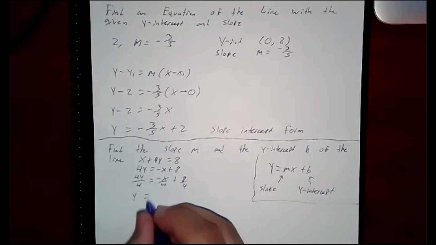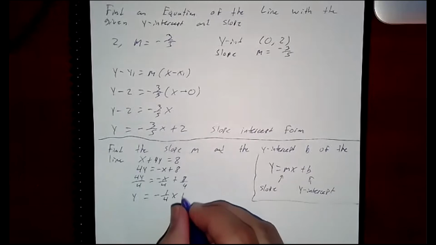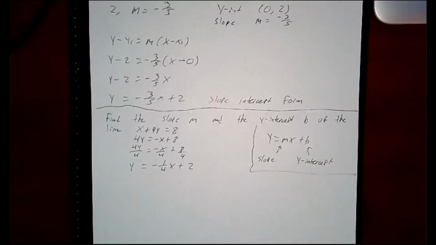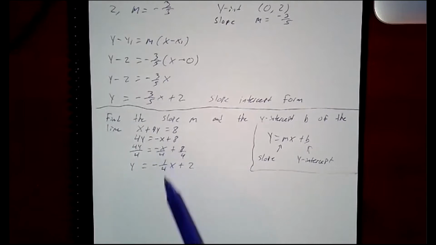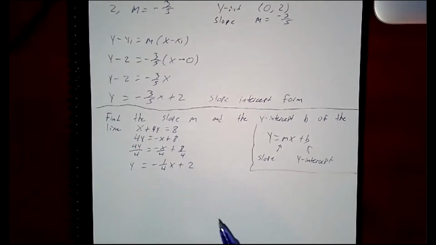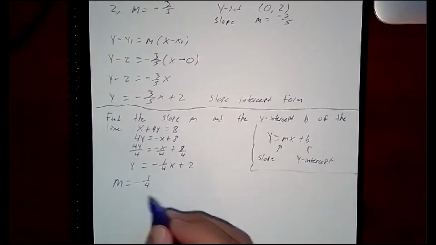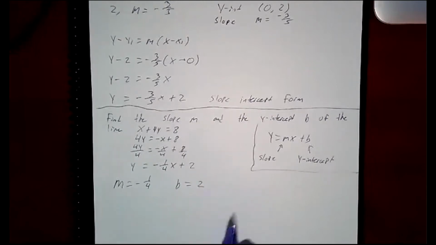That gives y equal to negative 1/4 x plus 2. So when you have 4 on the bottom, you can always rewrite that part as 8 divided by 4 is 2. So the answer would be m is negative 1/4, and y-intercept b is 2.